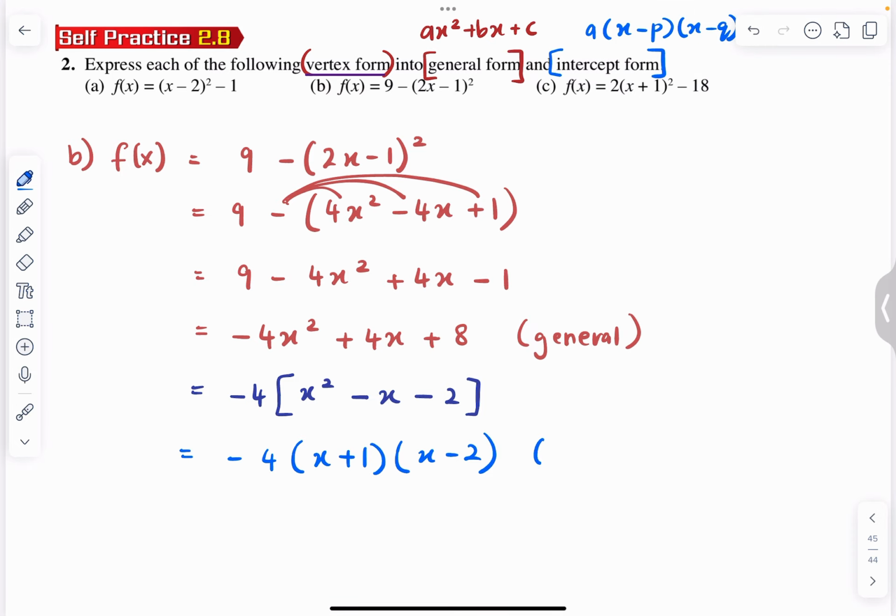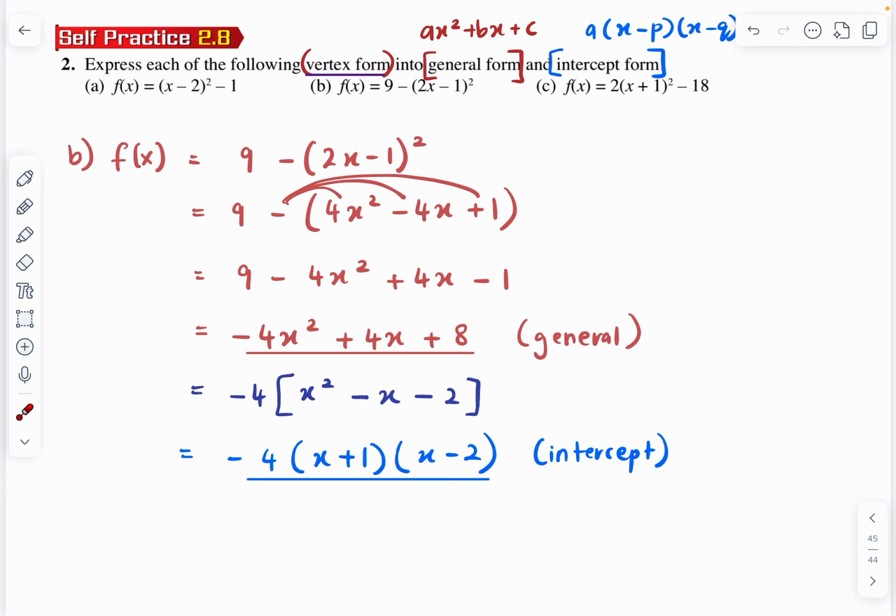This will be our intercept form. This will be our general form. Actually, these two are supposed to be the same shade of blue, but I couldn't get the same shade. But anyway, this is the answer.